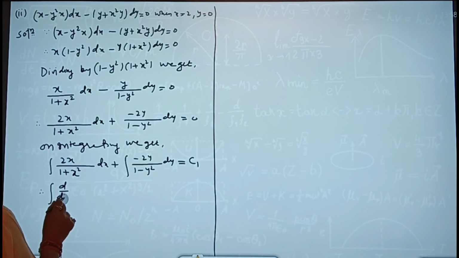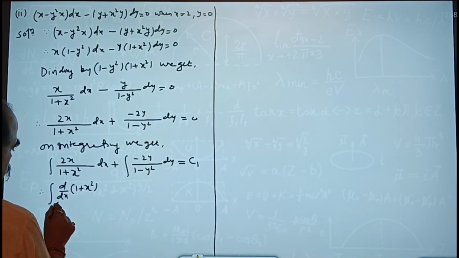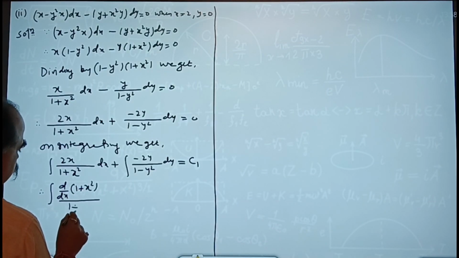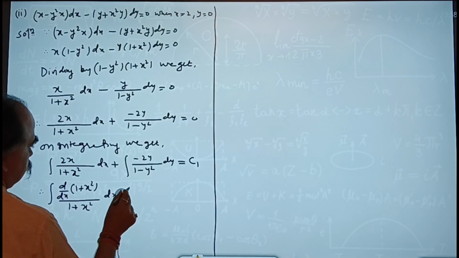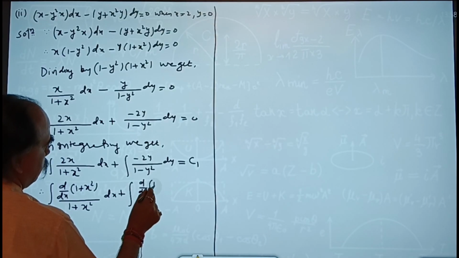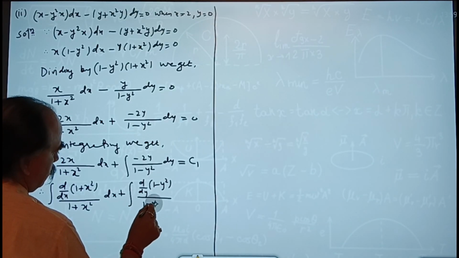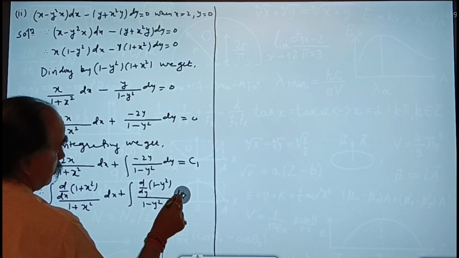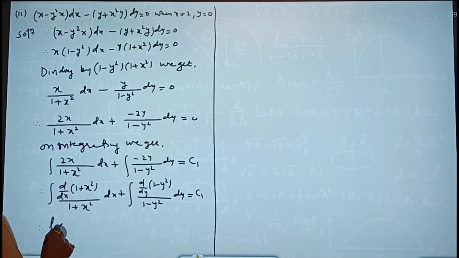Derivative of denominator upon 1 plus x square. Now f dash x upon fx is what? Log fx.